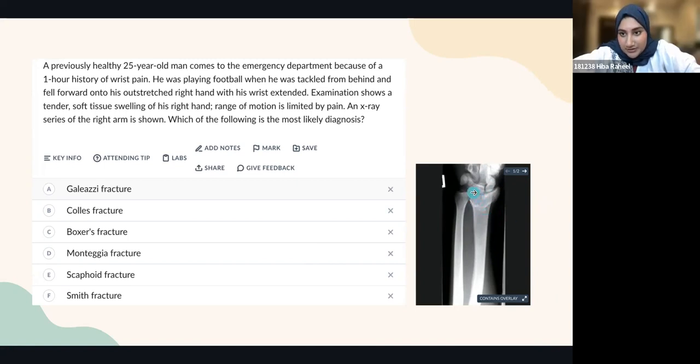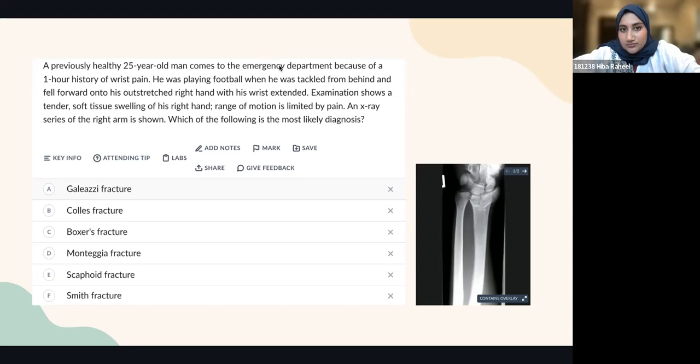Not only is the fracture here, so let me try annotating. Okay, so there is one fracture that is here.